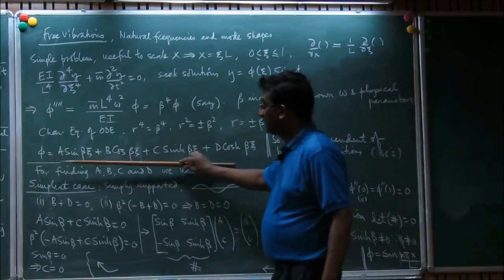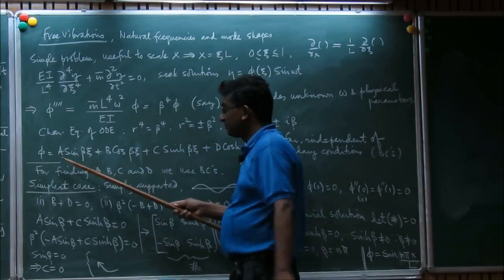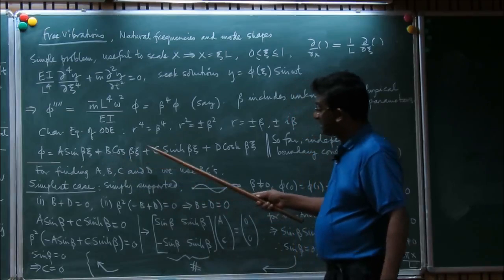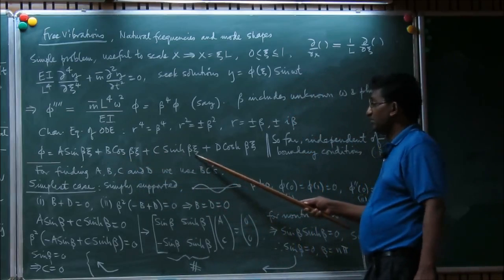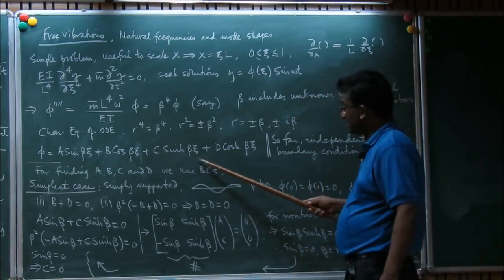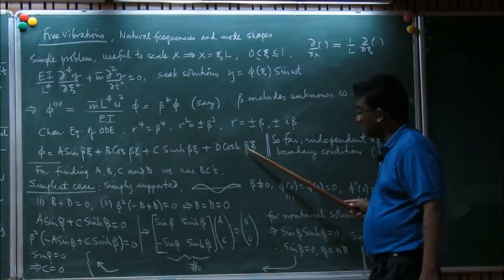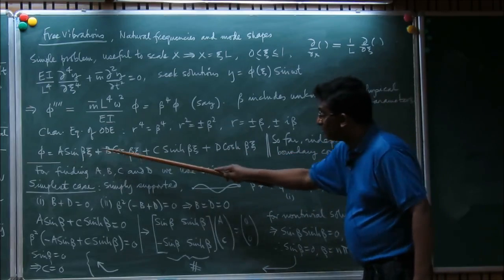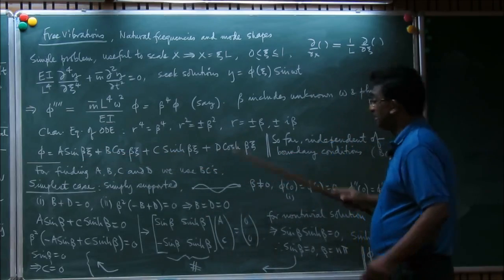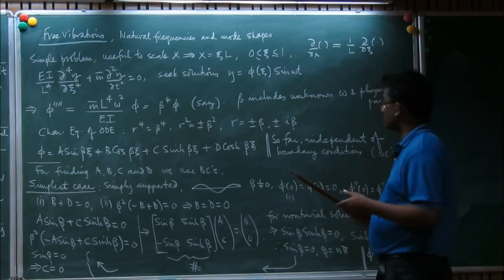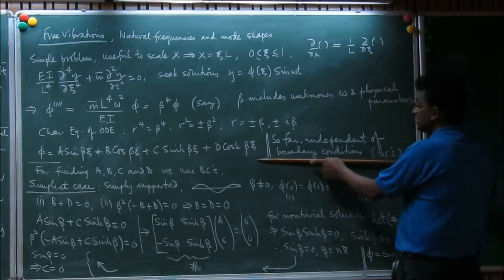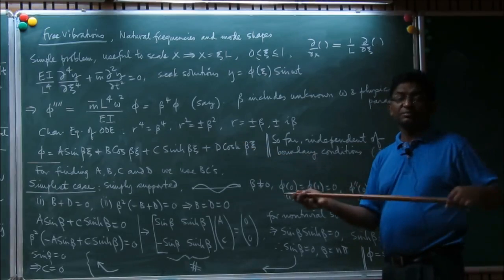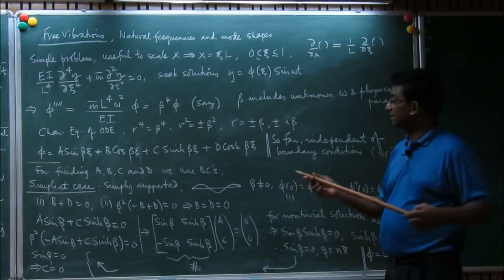This means again that the solution for φ is some constant times A sin βξ plus B cos βξ plus C sinh βξ or hyperbolic sine βξ plus D cosh βξ or hyperbolic cosine βξ. A, B, C and D are as yet undetermined constants. This much is true independent of boundary conditions. This much is true whether it's a cantilever beam or a simply supported beam or anything like that.